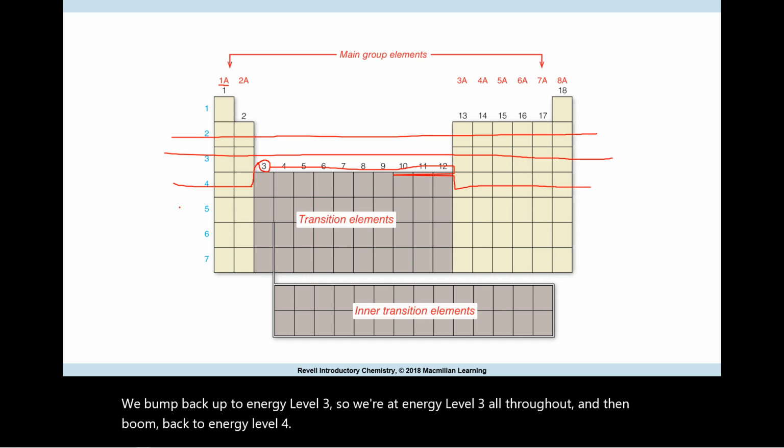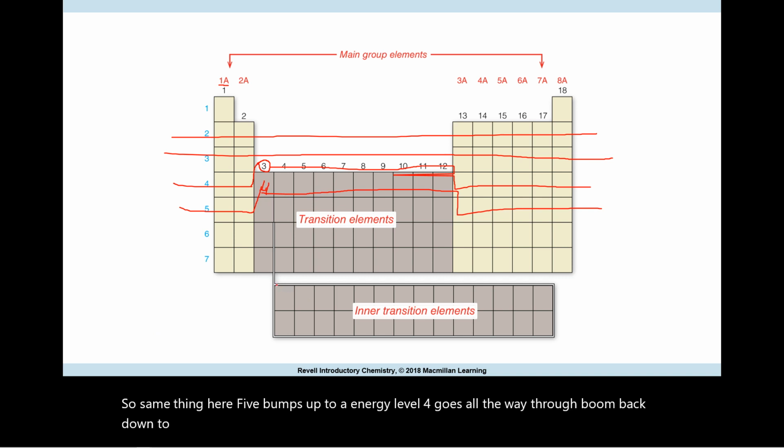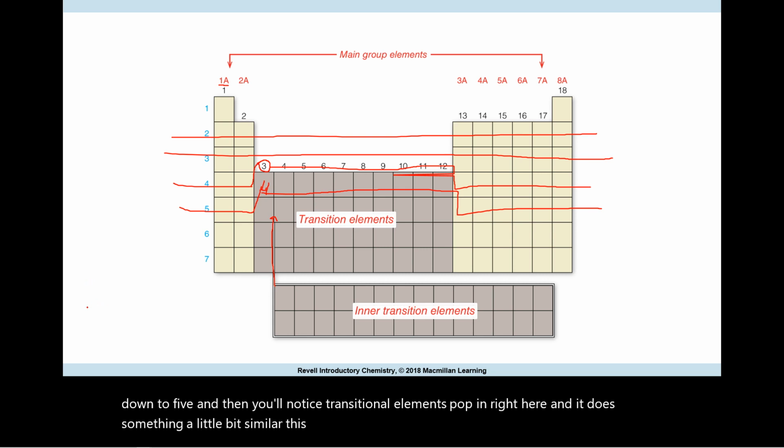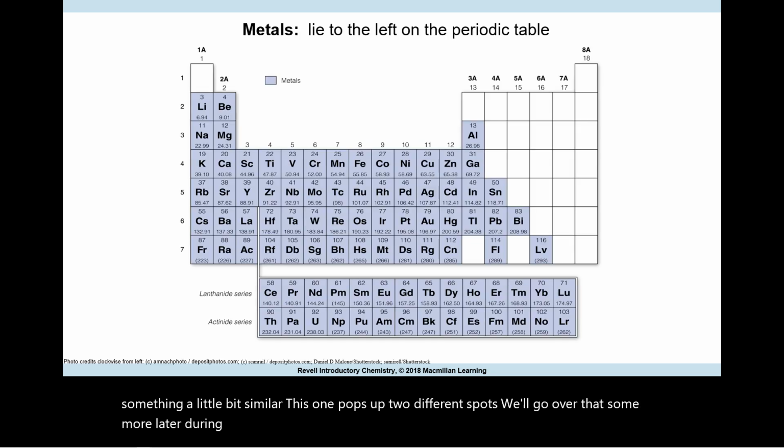Okay. So same thing here. 5 bumps up to energy level 4, goes all the way through, boom, back down to 5. And then you'll notice transitional elements pop in right here. And it does something a little bit similar. This one pops up in 2 different spots. Okay. We'll go over that some more later during electron configurations.